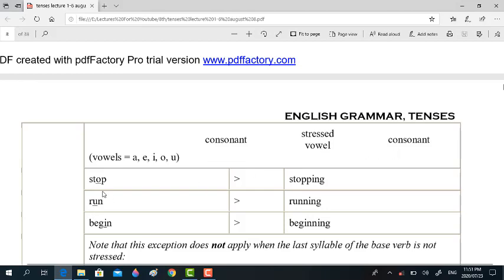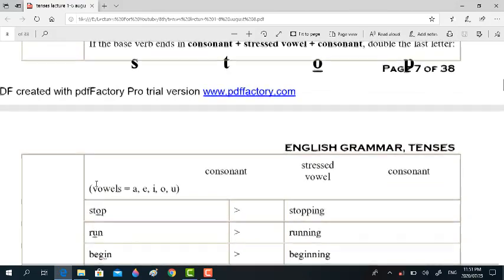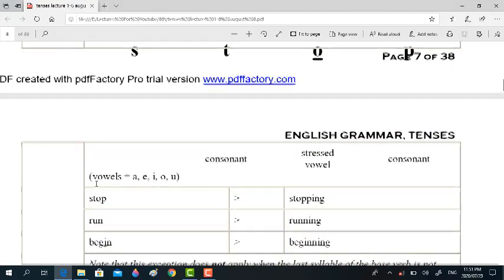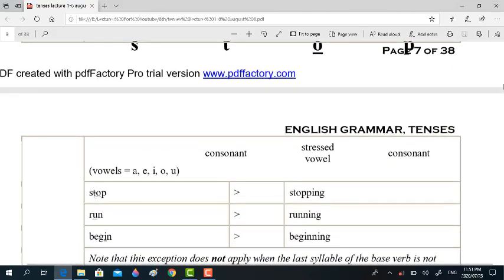Stop. Here you can see the rules to be followed. Consonant, vowel, then consonant, stop. So you are to double the last consonant, stop.